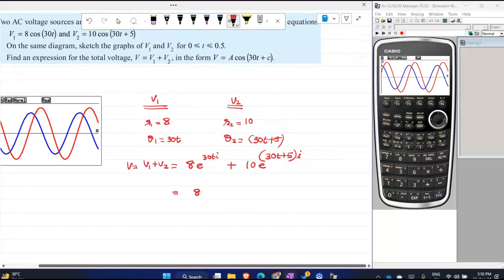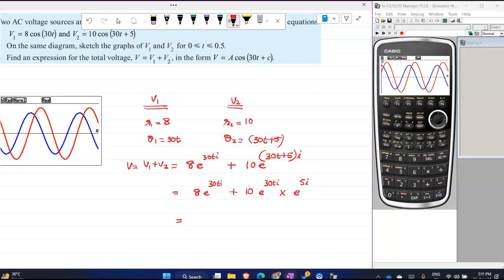So this will be 8 e raised to 30ti plus 10 e raised to 30ti into e raised to 5i. Correct? You can remove common e raised to 30ti. What will be left? 8 plus 10 e raised to 5i.